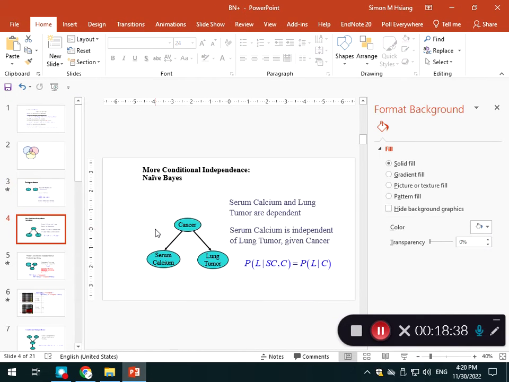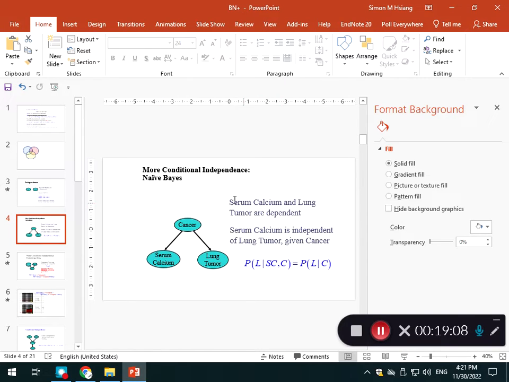Next, however, if I know there is a common ancestor, the experimental design confounding factor, given that I know you have serum calcium and lung tumor, serum calcium, I think, is where your X-ray shows it turned white, meaning it's calcified or there's some problem.